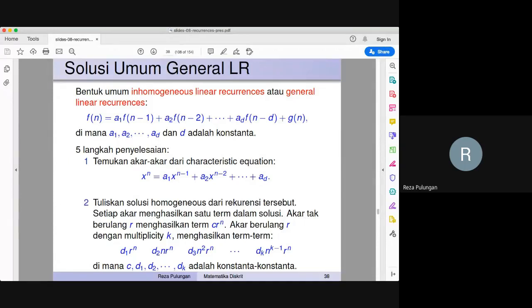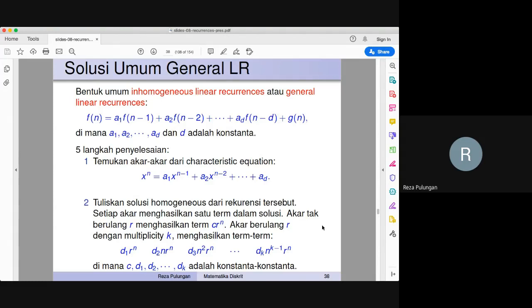A non-repeated root will result in C multiplied by R to the power of n. If it is repeated with multiplicity k, then we will have d1 multiplied by R to the power of n, and so on, like I showed you previously. This is what we call the homogeneous solution. So in the beginning, you just pretend that this one is not there, that the whole recurrence is just a linear one. Okay, now let's continue.